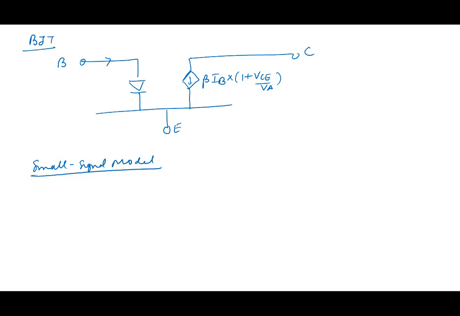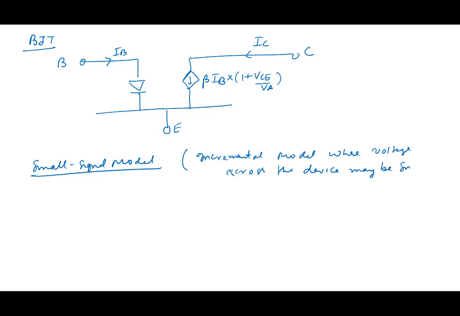Small signal model. This is IB. This is IC. Now remember, small signal model is what? Incremental model. A model where the voltage across the device may be small to obtain linearity.